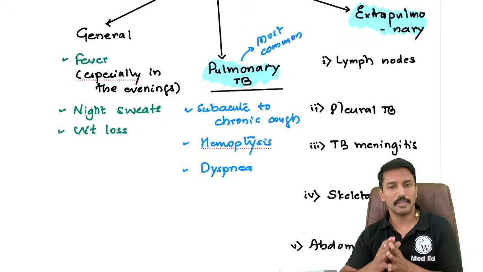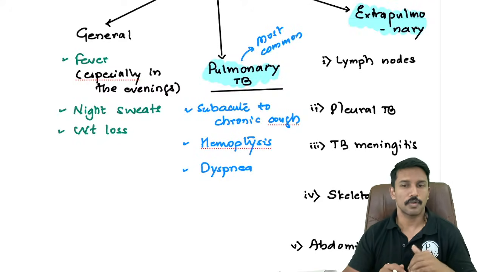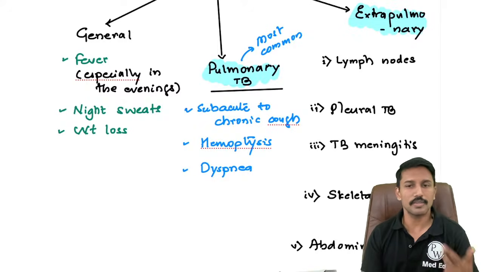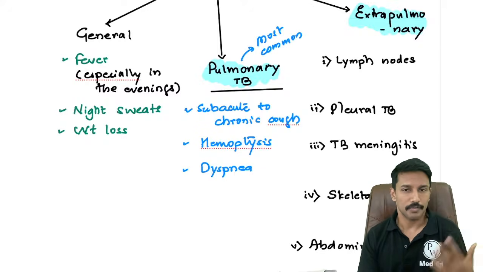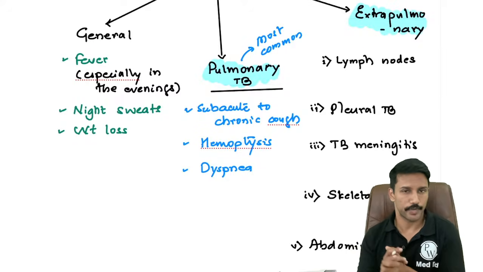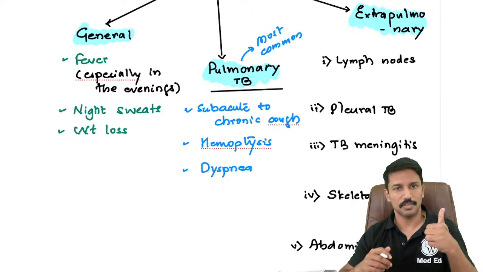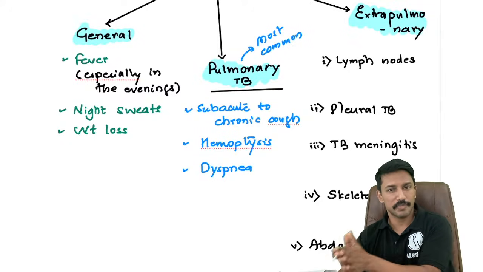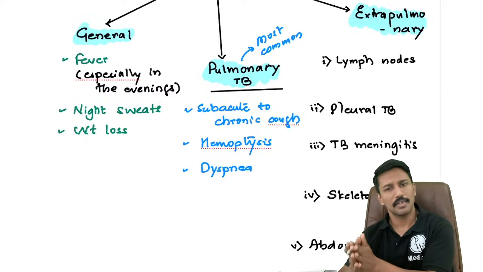In fact, in India, anyone who presents with unintentional weight loss, tuberculosis will always remain a differential diagnosis. In today's world, we also consider HIV as a differential diagnosis for unintentional weight loss, and third is cancers. Right? So TB tops the list of differential diagnosis for unintentional weight loss. So these are the general symptoms that I will be mentioning: fever, night sweats, and weight loss. The pulmonary TB specific symptoms are chronic or subacute cough, hemoptysis, and dyspnea.